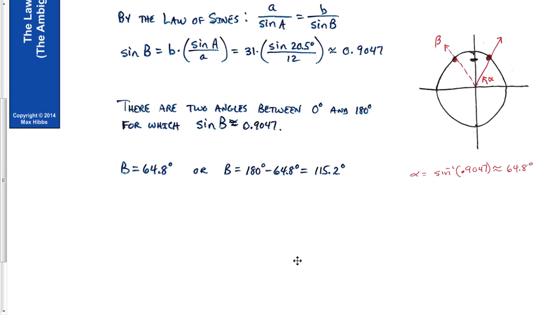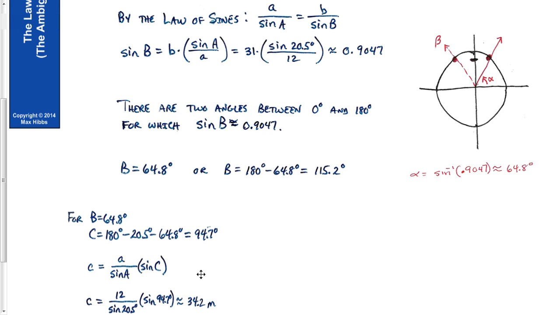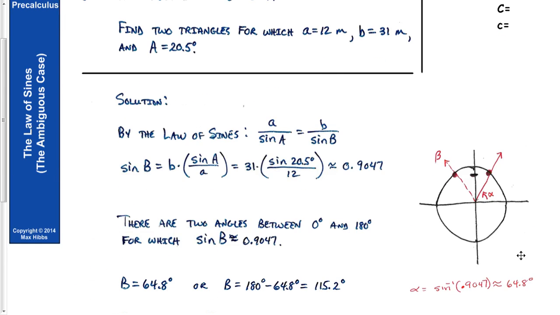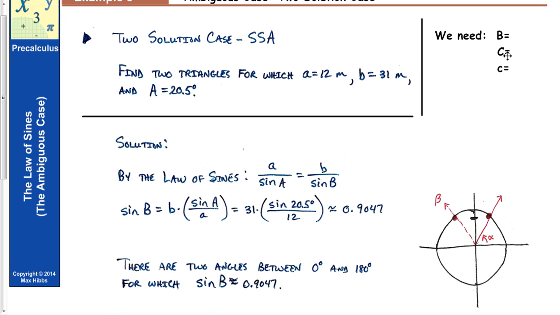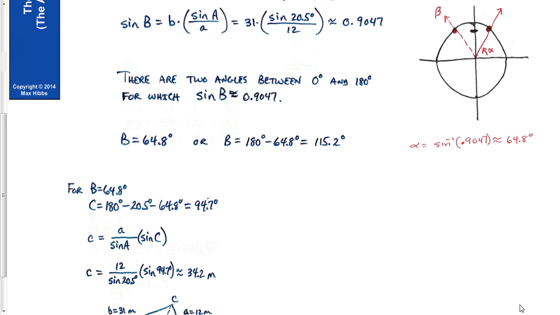Okay, so let's consider, well, what if B is 64.8 degrees? Now remember, we're trying to come up with B, angle C, and side C. We already know angle A and side B. So if angle B is 64.8 degrees, then angle C is 180 degrees minus our A minus our B, and that's 94.7 degrees.